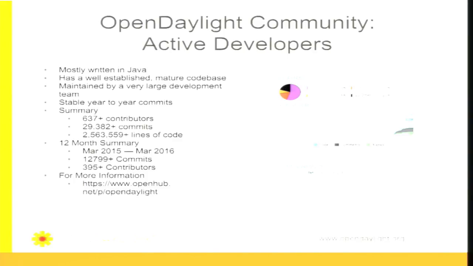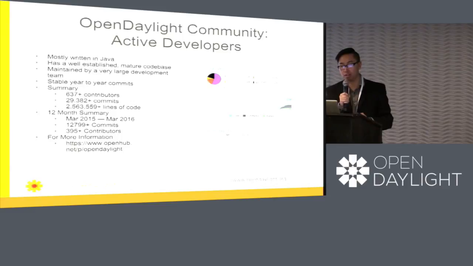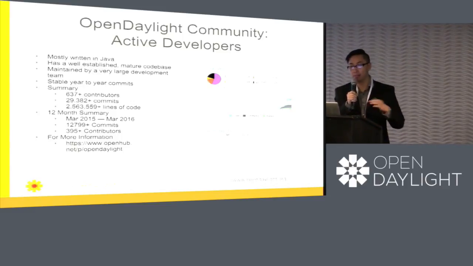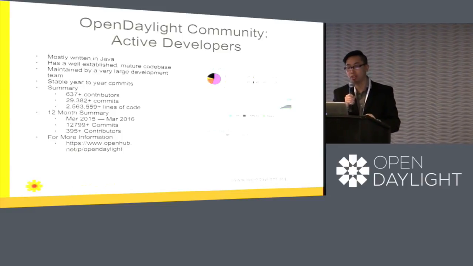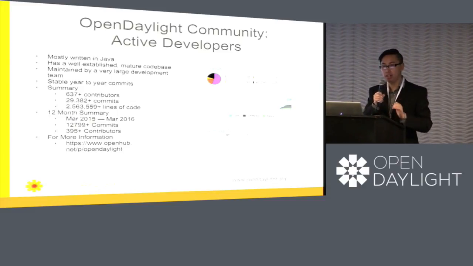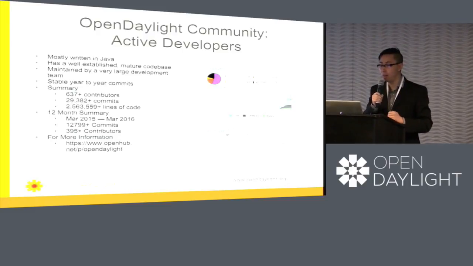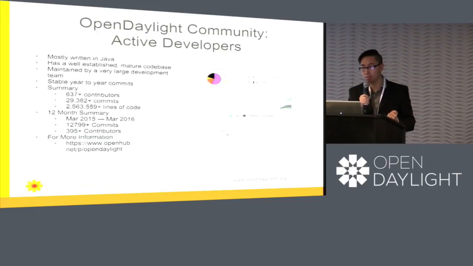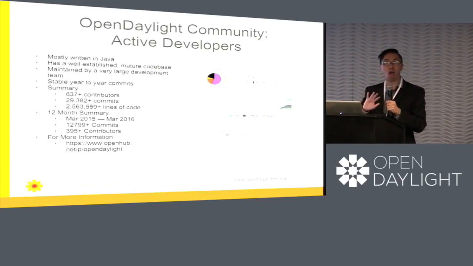Just within the past 12 months, we've had around 400 contributors adding 12,000 commits. OpenDaylight is mostly written in Java. That's what our code base is in. But we also have some C code, some C++ code, and other types of code. And all of this code is maintained by a very large development team.